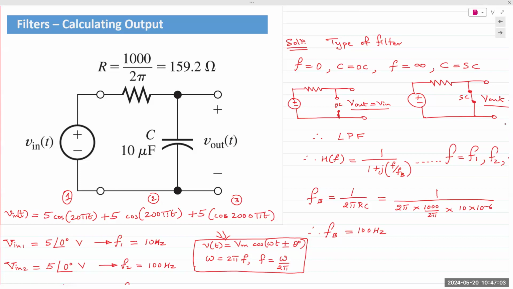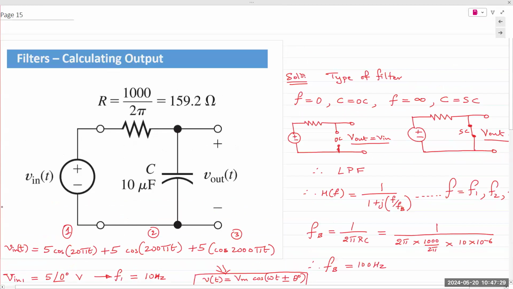So here we have a filter circuit. And obviously from our discussions, we know what kind of circuit it is. But let's say you are given an unfamiliar circuit. You don't know what it does, right? You're given this circuit and you're asked to find the output if this was your input.